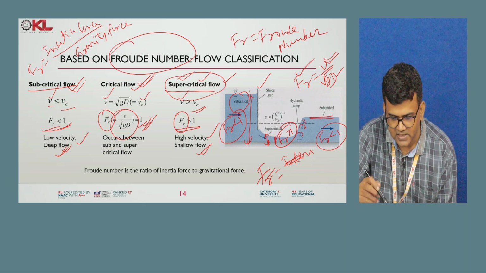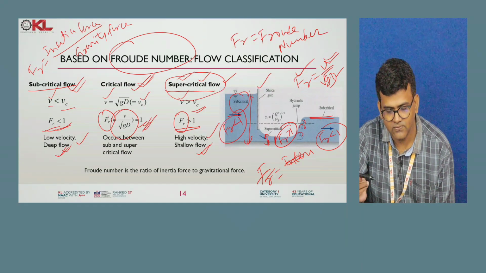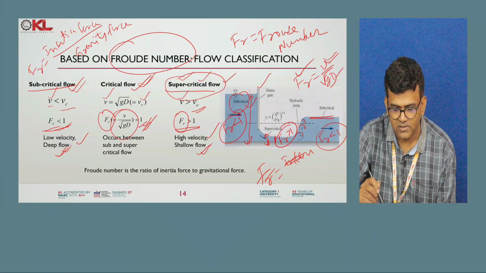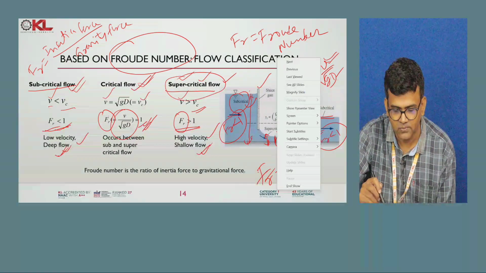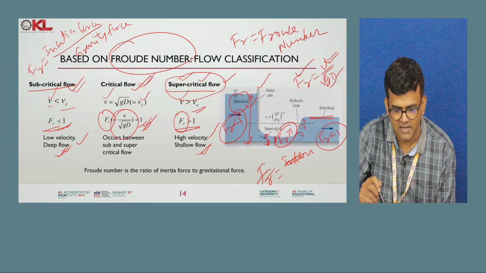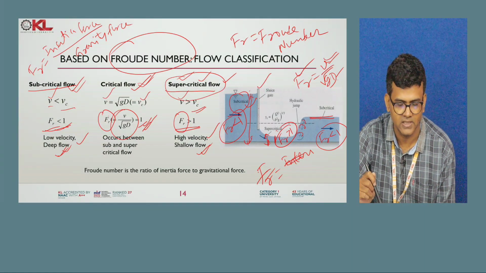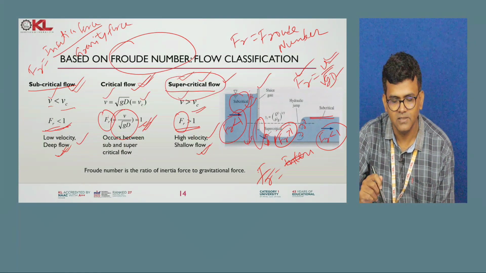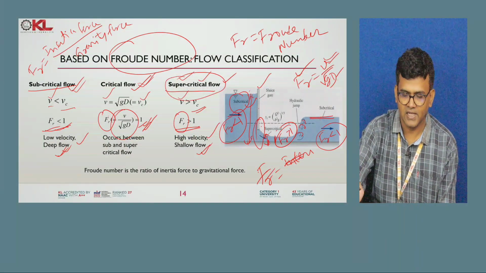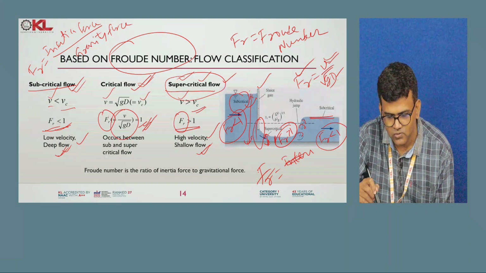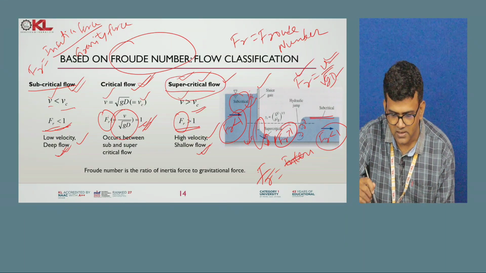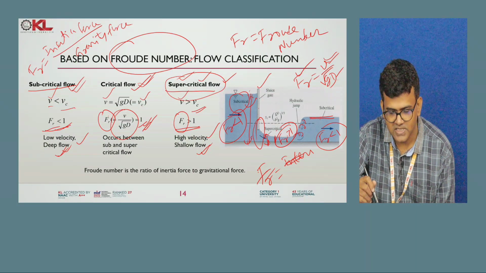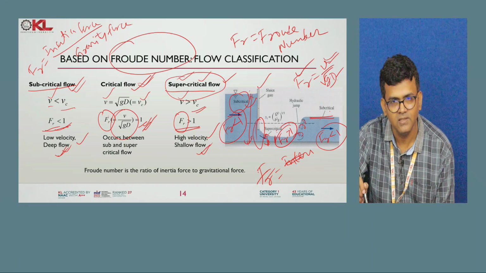So we can see here the flow phase is changing. Before the sluice gate subcritical flow is there, and after the sluice gate it is supercritical. In between, somewhere here, the critical flow will occur. And again, from supercritical to subcritical, there is a formation of the hydraulic jump, and here the flow is changing from supercritical to subcritical zone.